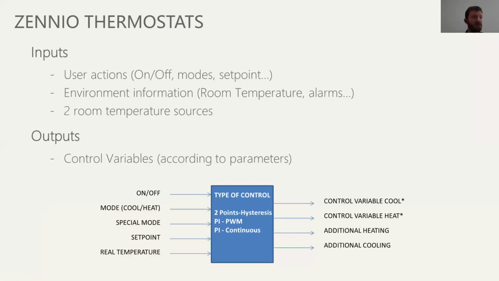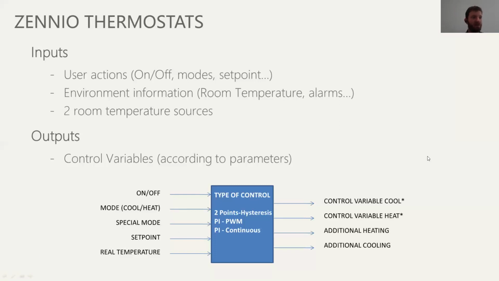So if you have a device with 8 thermostats in which you want to have each room temperature from 2 different sources, you will have 16 objects for room temperature in that full block of logic: source A and source B for thermostat 1, source A and B for thermostat 2, and so on. Then depending on that, it will analyze the information and provide the control variables.